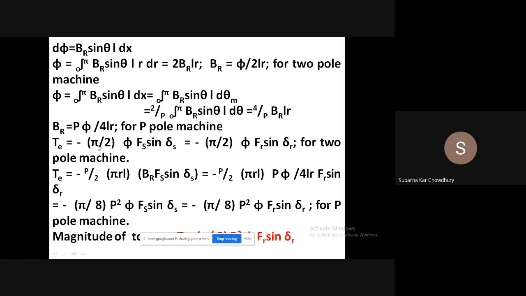So torque in the previous equation, for a two-pole machine, is minus pi by 2 phi Fr sin delta R. For a p-pole machine, it will be minus p by 2 pi RL into p phi by 4 LR Fr sin delta R. So this will give you minus pi by 8 p square phi Fs sin delta S, or can be written as minus pi by 8 p square phi Fr sin delta R for a p-pole machine.